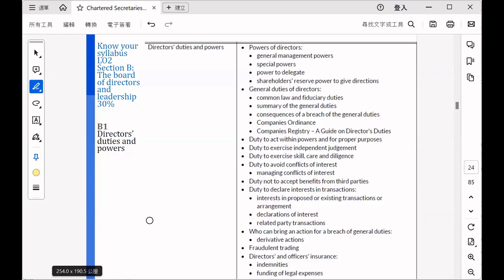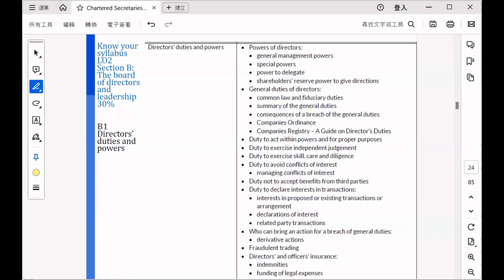So for those candidates who have learned company law before, that would be very good because actually there's some overlapping between what you have learned in company law and CG. And actually, you can use what you have learned in company law in here, because in company law, we do have a big section on director's duties and power.